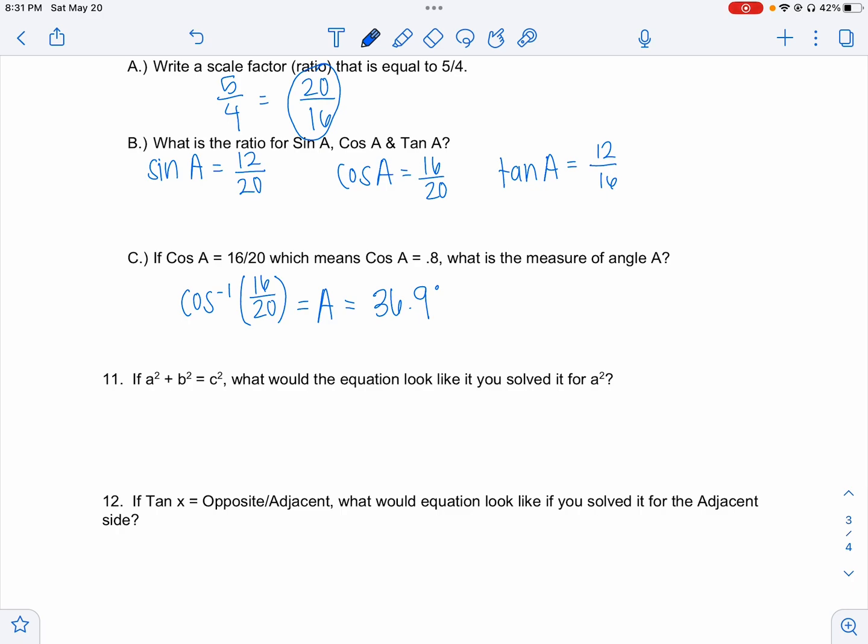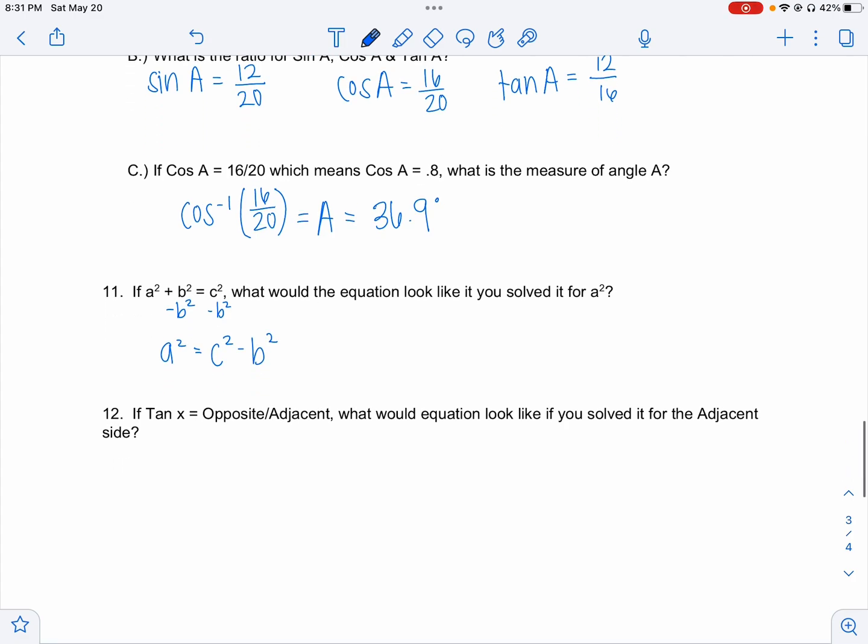If we have a squared plus b squared equals c squared, what would it look like if we solved for a squared? We would subtract b squared on both sides. So now we get a squared equals c squared minus b squared. And that is it. If we have tangent of x equals opposite over adjacent, what would it look like if we solve for the adjacent side?